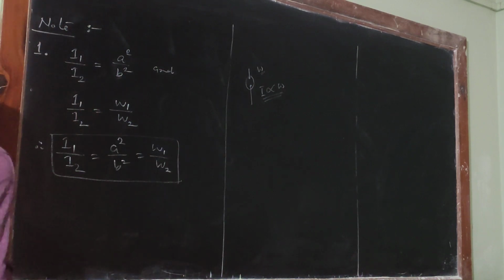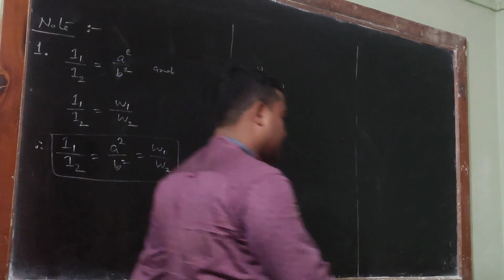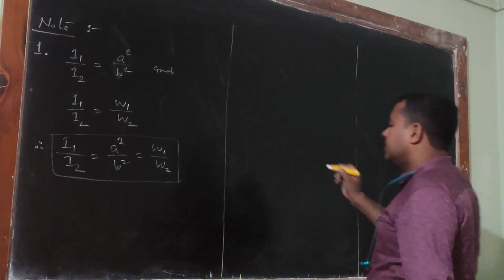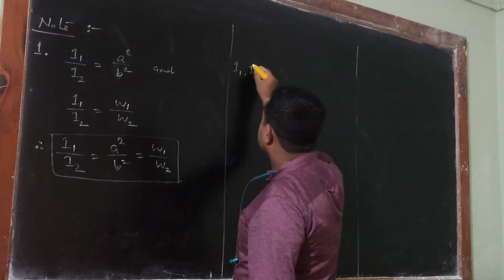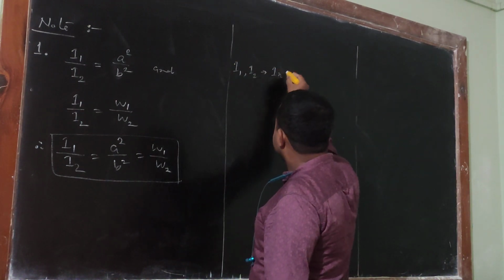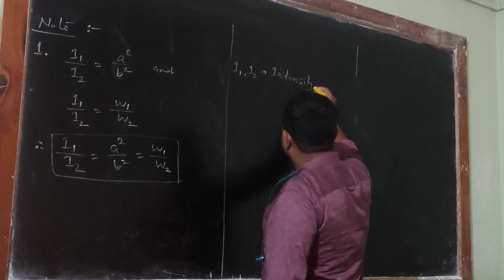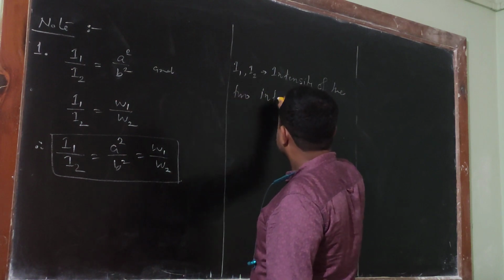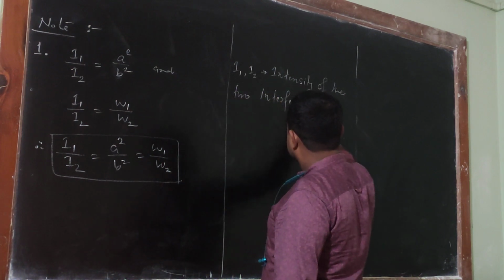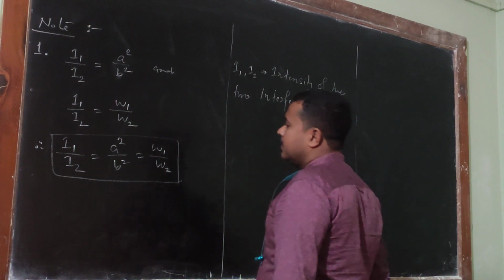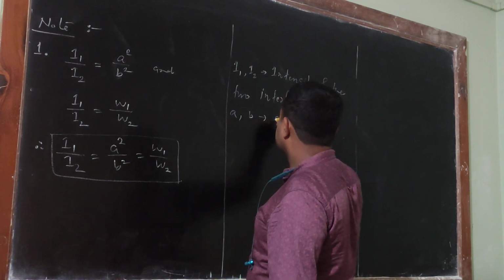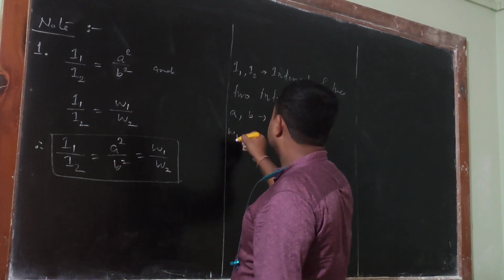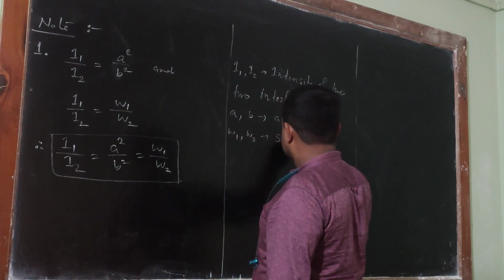Okay. So here I1, I2 are the intensities of the two interfering beams, A and B are the amplitudes, and W1, W2 are the slit widths.